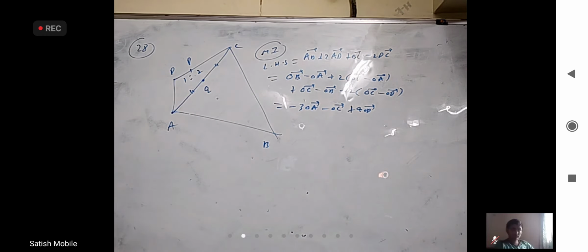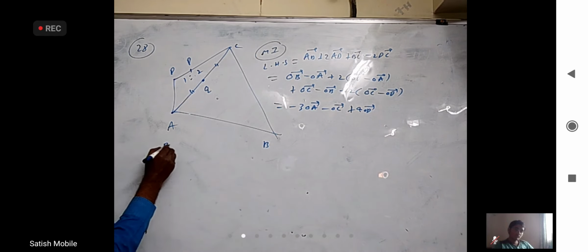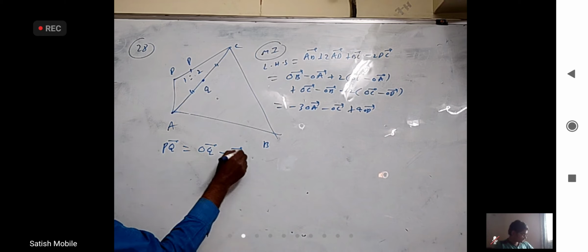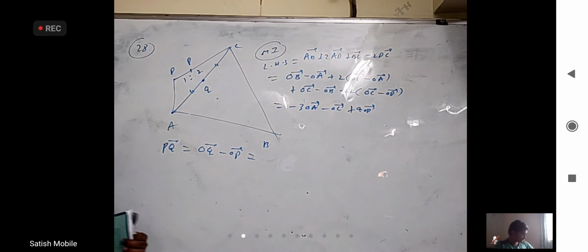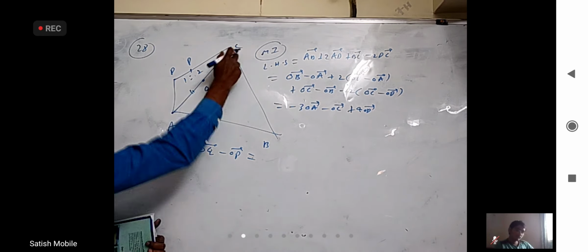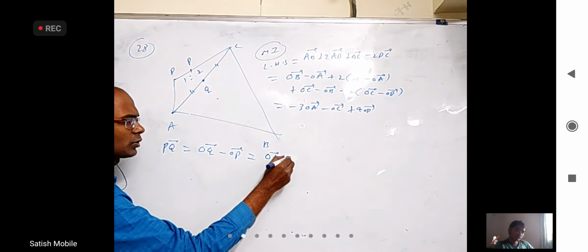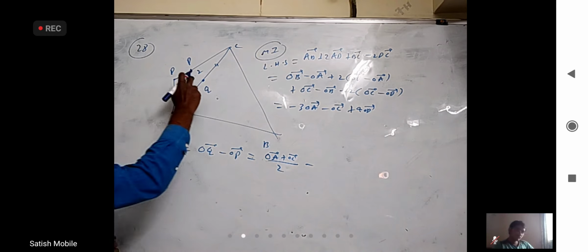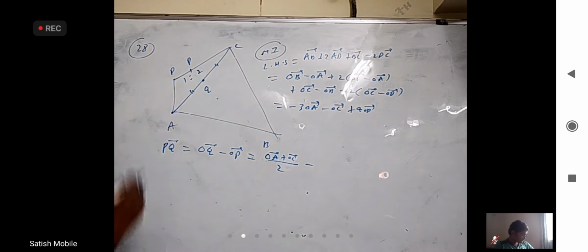Okay. Leave that. Let us see PQ bar. What is PQ bar? PQ is OQ bar minus OP bar. In this figure, what is OQ bar? Midpoint of A and C. So directly I can write OA plus OC by 2. What is OP bar? P divides DC in the ratio 1:2.